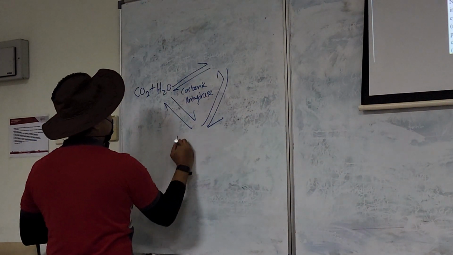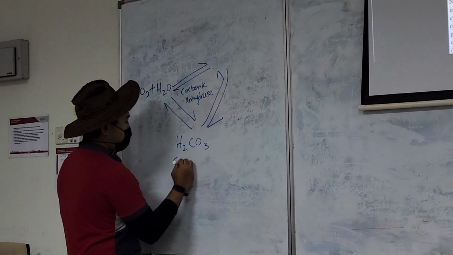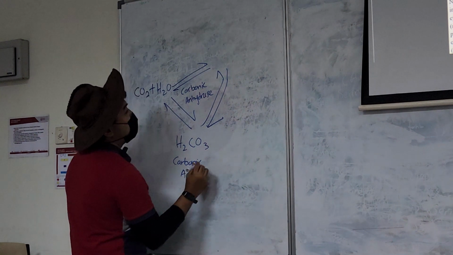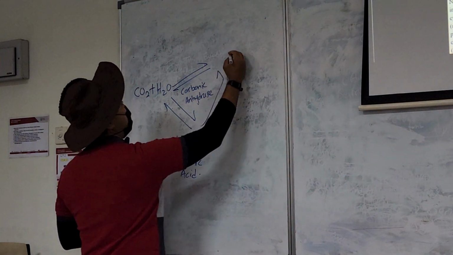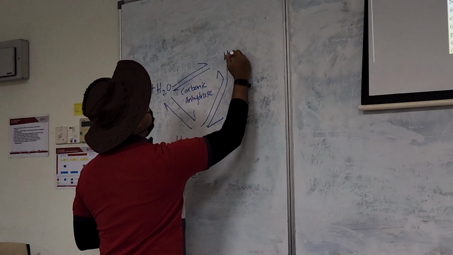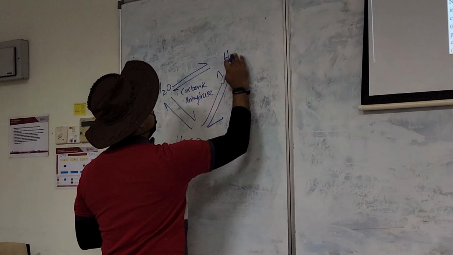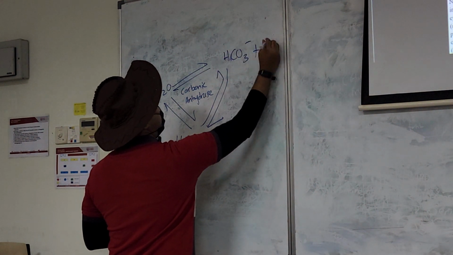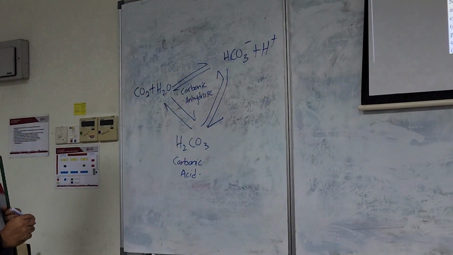So this you will get H2CO3. So this is carbonic acid. So this thing can be dissociated into bicarbonate ion, HCO3 minus plus hydrogen proton.